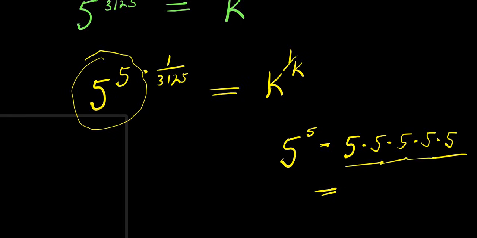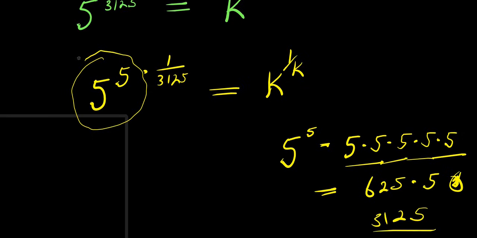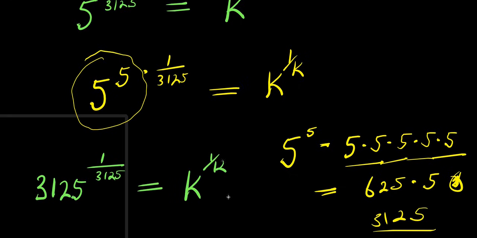This is 625. 625 times 5. 5 times 5 is 25. 5 carry over 2. 5 times 2, 10 plus 2, 12. 2 carry over 1. 5 times 6, 30. 30 plus 1, that is 31. So this is 3125 raised to the power of 1 over 3125. And this equals k to the power of 1 over k.